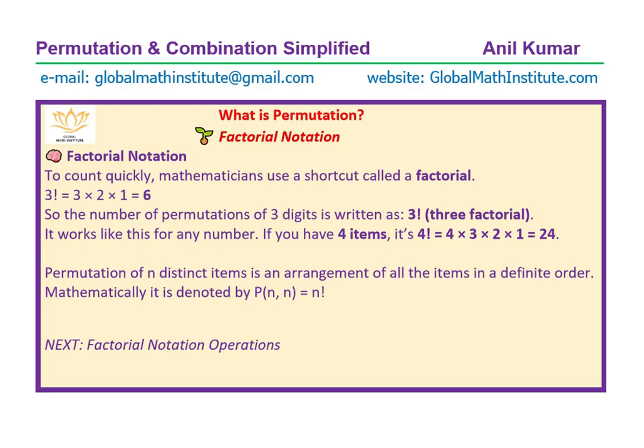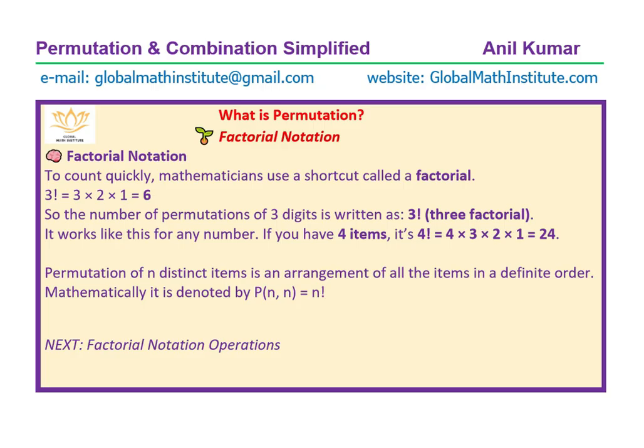So mathematicians use a shortcut called a factorial, right? Which is 3 factorial. So this exclamation mark is meant to be read as factorial. And it really means 3 times 2 times 1, which is 6. So the number of permutations of 3 digits is written as 3 factorial, right? And read as 3 factorial. So that is also the number of ways or number of permutations, right?